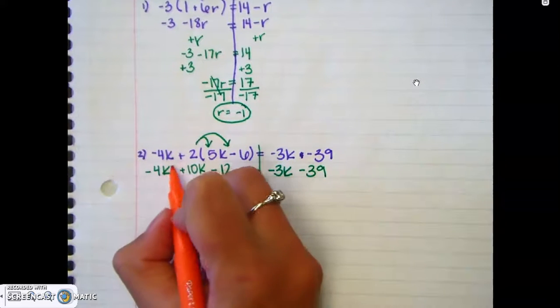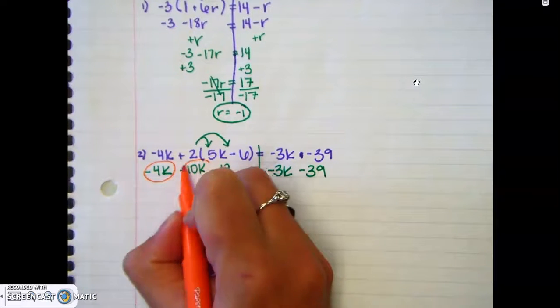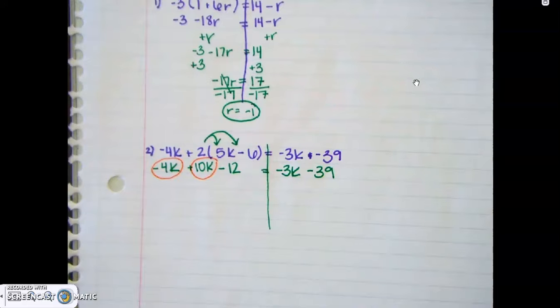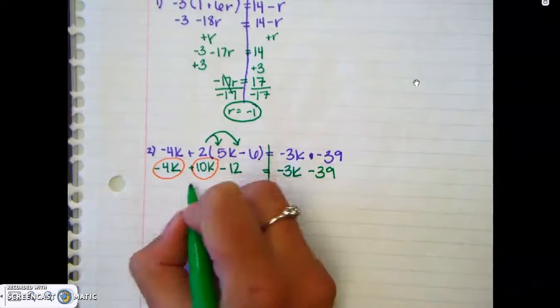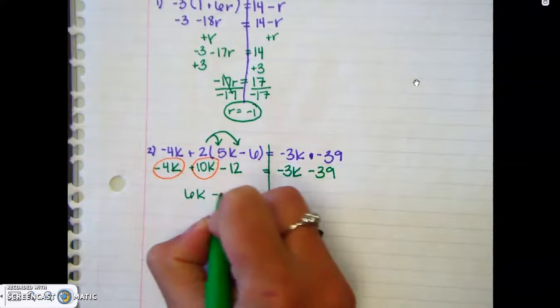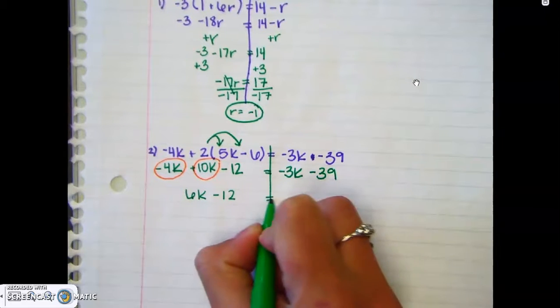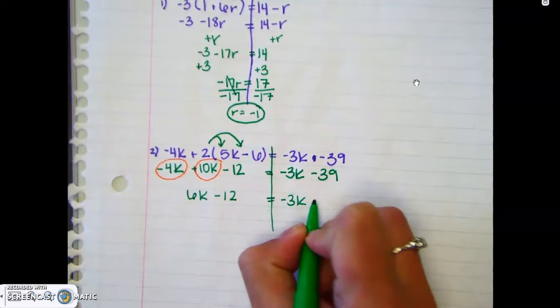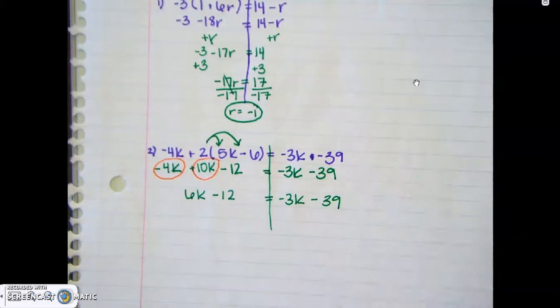And if you see here, I have 2 terms on the same side that have k in them, so I'm going to combine those together. So -4k plus 10k is 6k. Minus 12, I just carry the 12 down, equals -3k minus 39. So now I have variables on both sides, but there's only one variable term on each side, so that's a good sign.